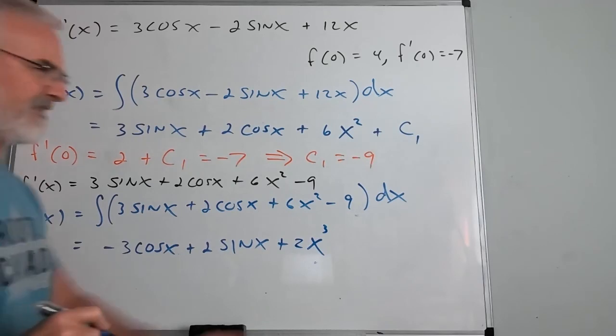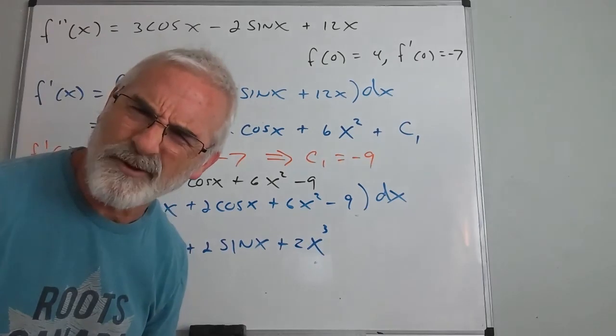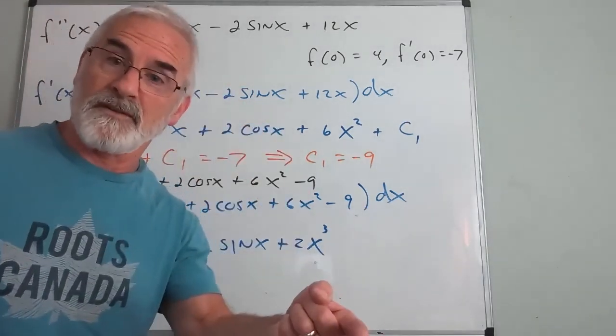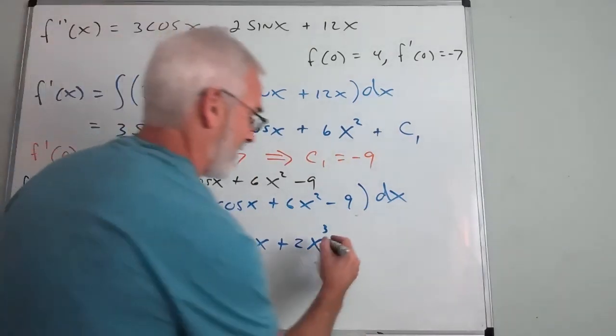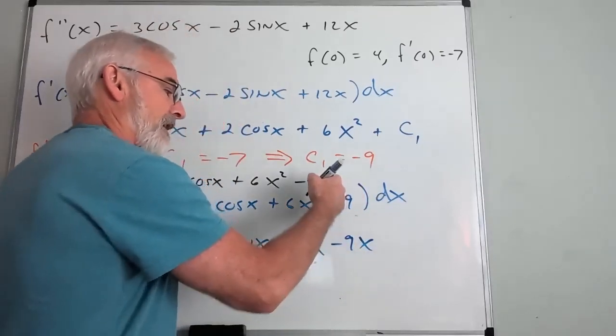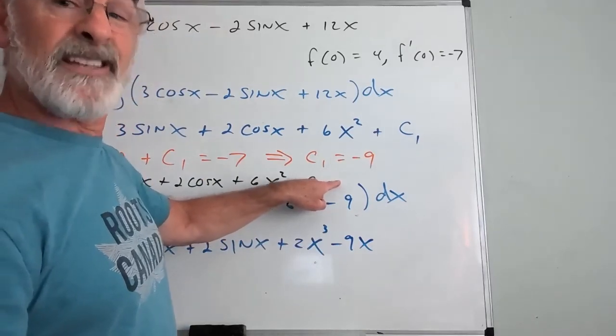Oh, wait a minute. Oh, is it zero? The derivative of what gives me a constant? 9x. Sorry, x. 9x. The derivative of negative 9x is negative 9. Oh, so think of this. Constants are polynomials of degree 0.